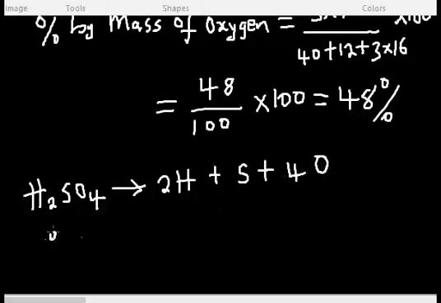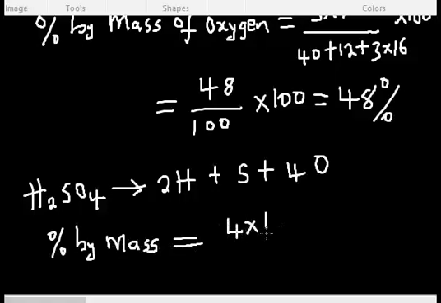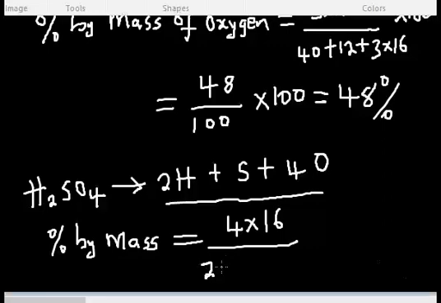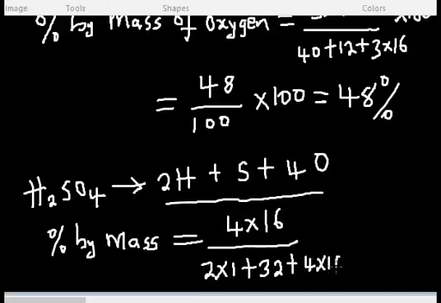So percentage by mass is going to be equal to the mass of the oxygen, 4 times 16, divided by the mass of the entire compound: 2 times 1 plus sulfur is 32, then of course 4 times 16, times 100.